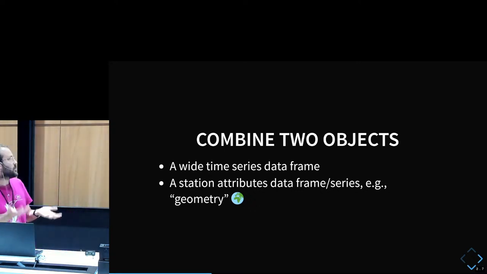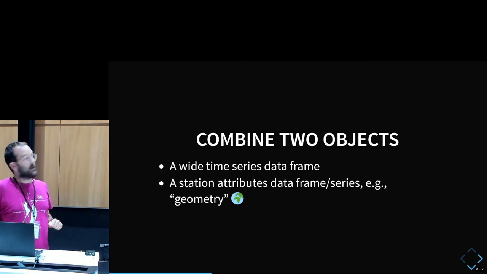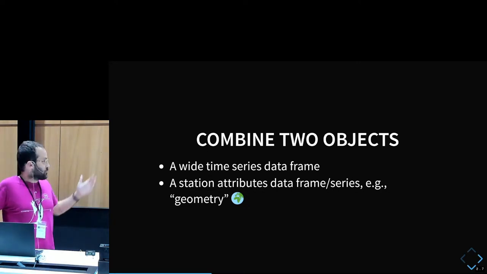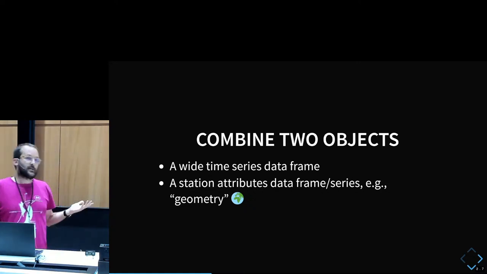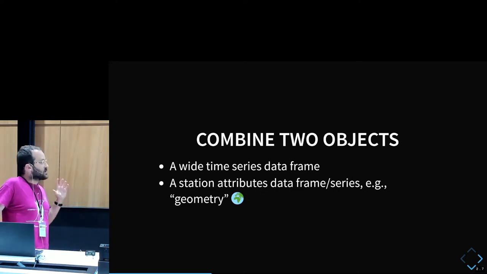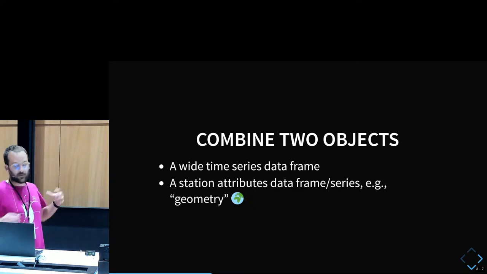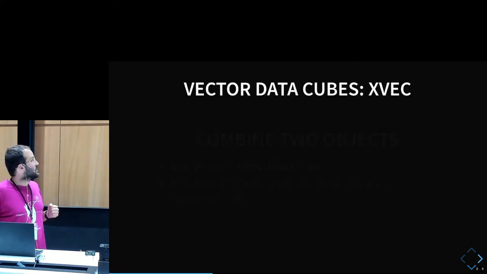We could use two objects and perform these geospatial operations, but we would still need two objects, and we were wondering: can we achieve that by encapsulating the whole thing into one object only?